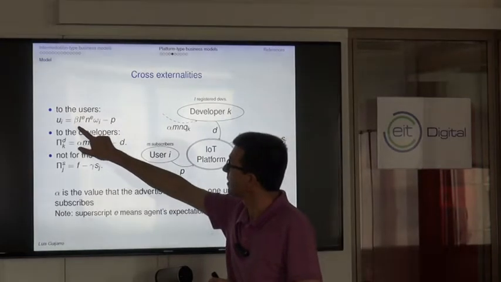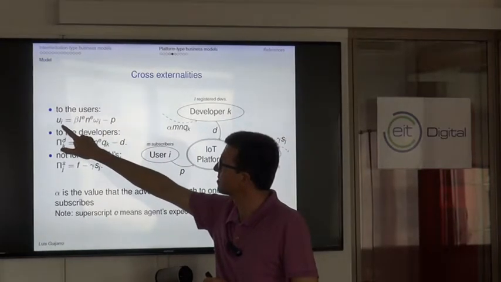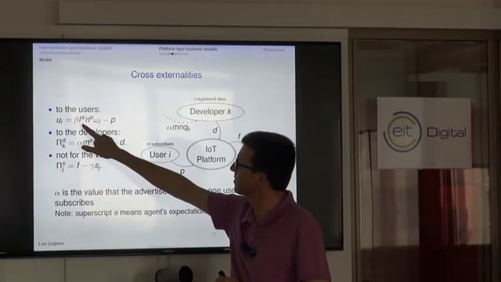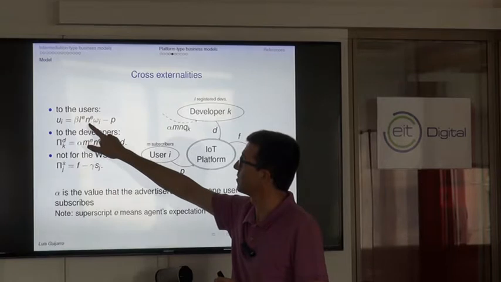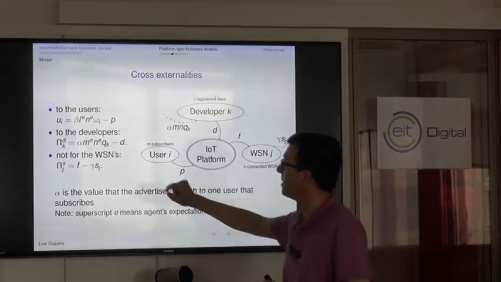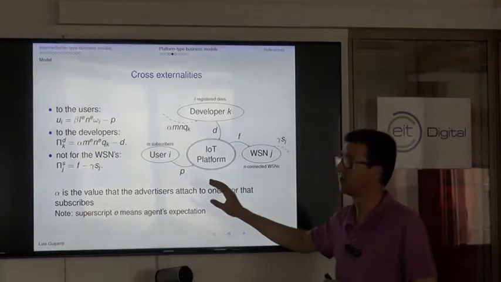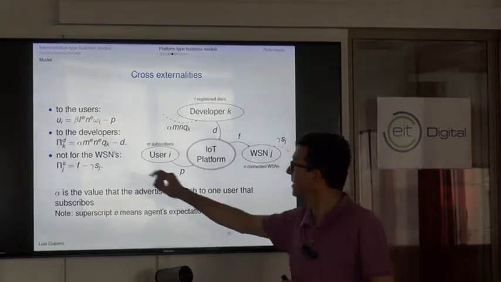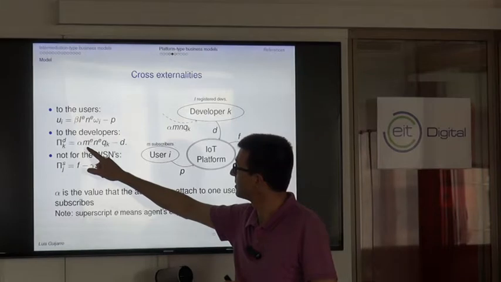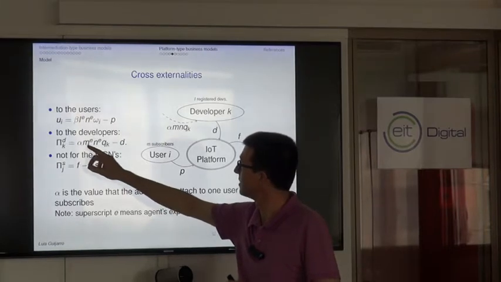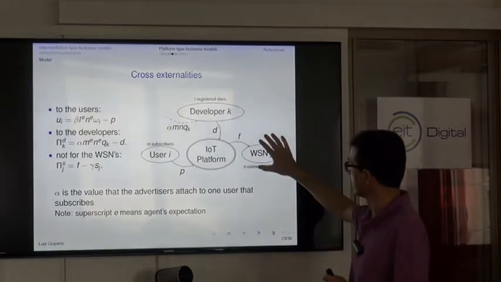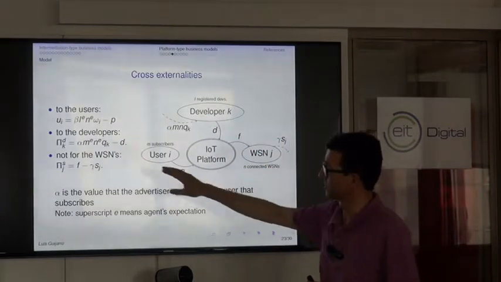This dependence of the user's utility on the number of registered developers and on the number of connected networks is a cross externality from here to here and from here to here. And this is also a cross externality from the users to the developers and from the networks to the developers.